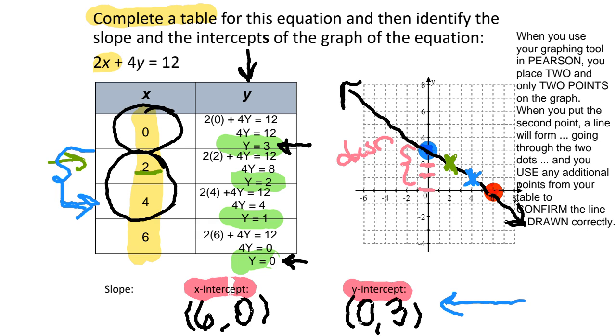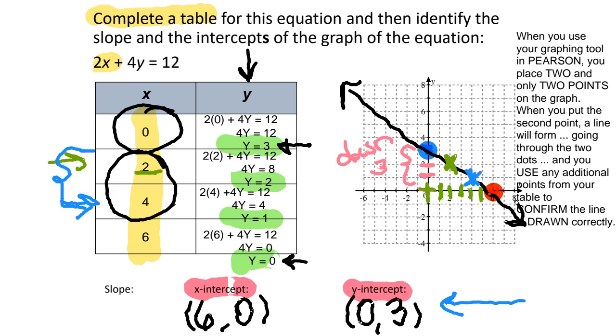Now from where this red and hot pink line where I put the little X, I now go across and count 1, 2, 3, 4, 5, 6.